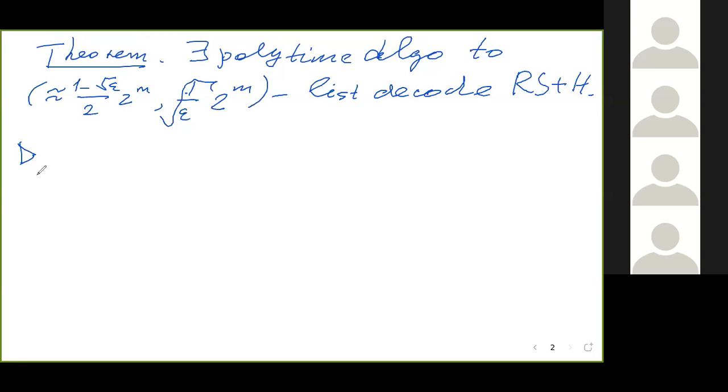And here we will do the same thing. So when we just list decoded Reed Solomon, we constructed a polynomial R of 2 variables of small k degree. So let's recall the notions which we used when we considered a fast algorithm to list decode Reed Solomon.